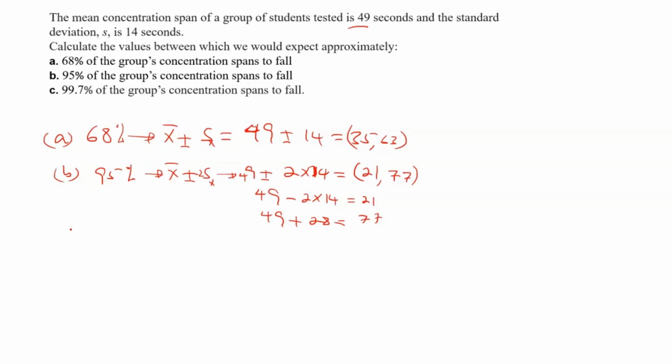Alright, let's do the 99.7% again: x bar plus or minus 3 times the standard deviation, which gives us 49 plus or minus 3 times 14.